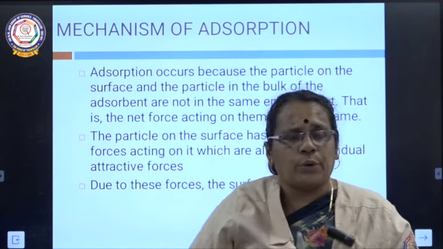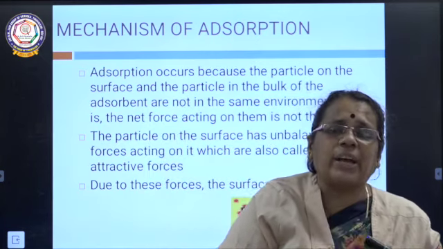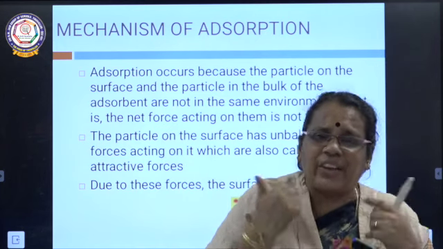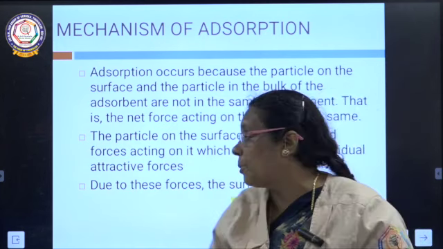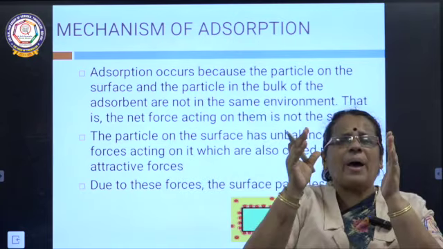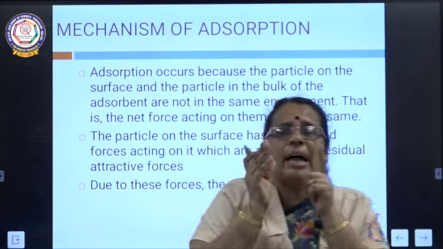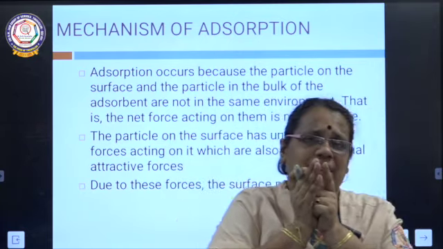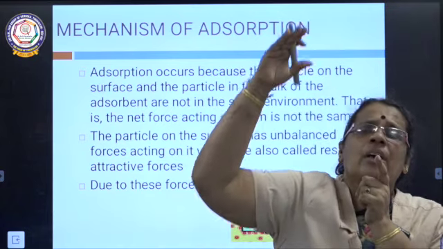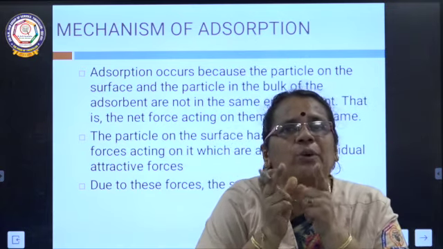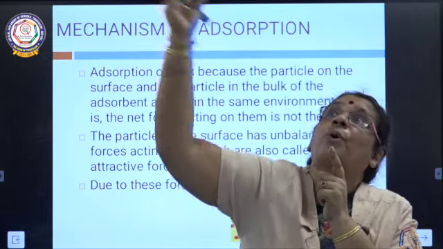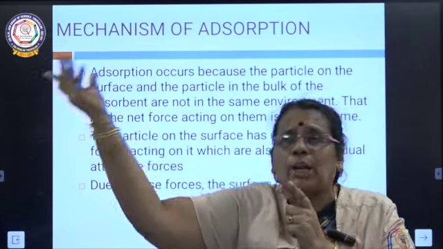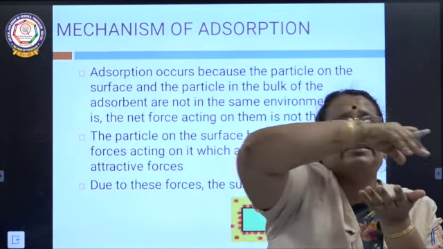So, when you talk about the surface area, that is why I told you, larger the surface area, greater will be the adsorption. The first paragraph talks about the unbalanced force of attraction. At the surface we cannot expect molecules of the same kind as it is exposed. So some other molecules also can accumulate at the surface.